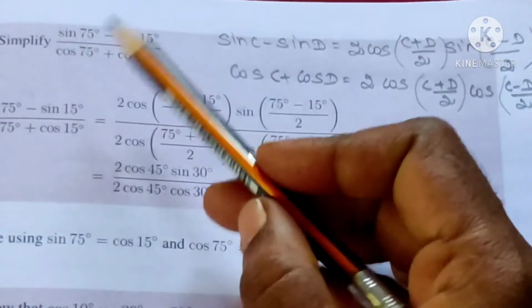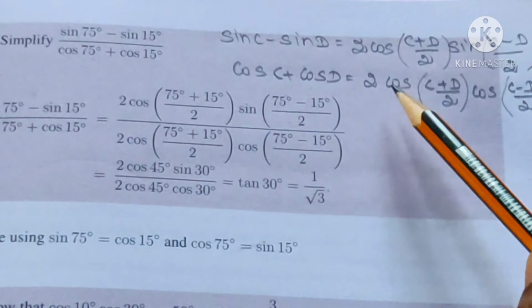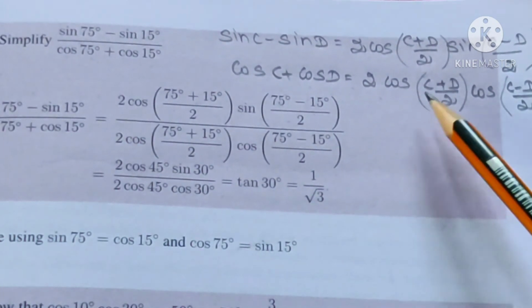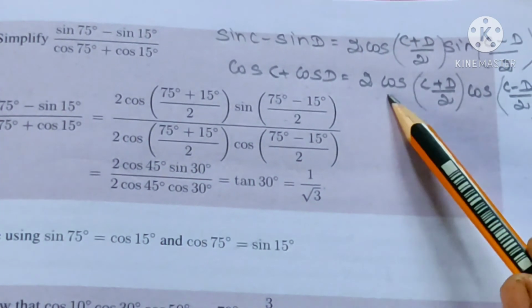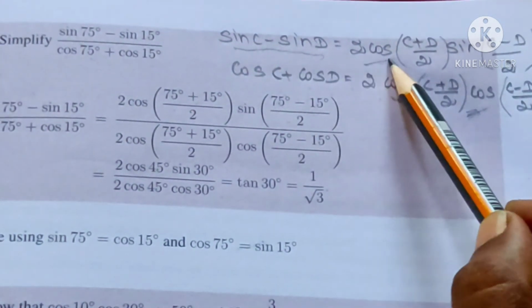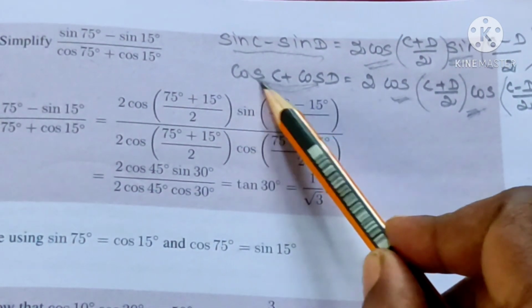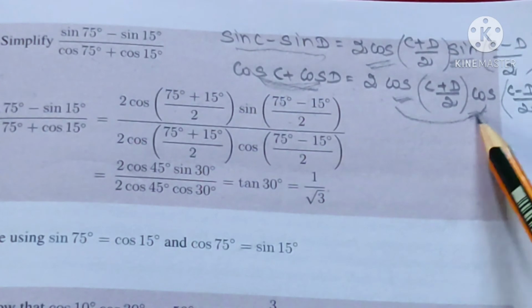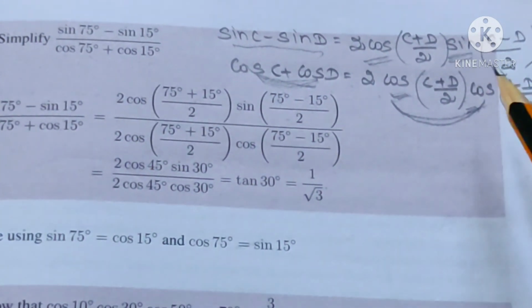The denominator is cos c plus cos d. The formula is 2 times cos (c plus d) by 2 cos (c minus d) by 2. In the numerator, one term is cos and one is sine, but in the denominator both terms are cos.